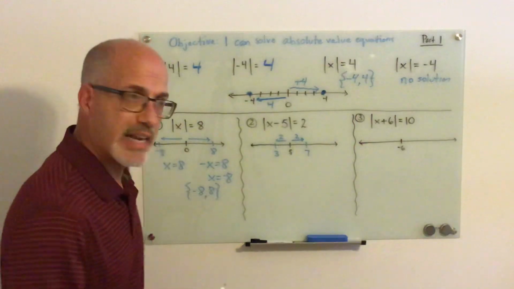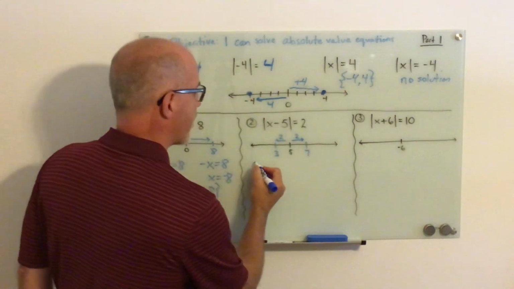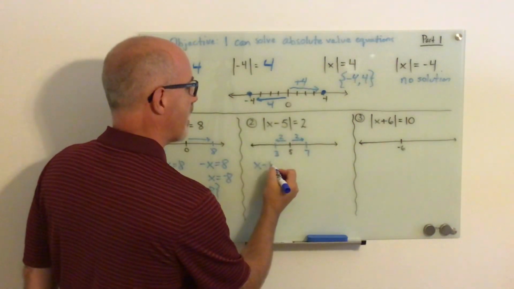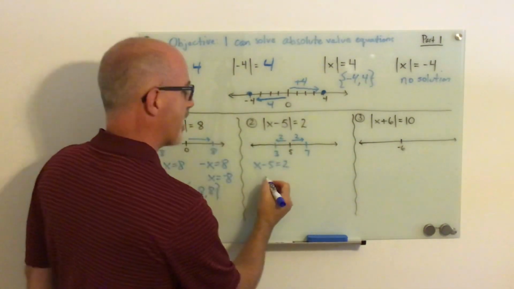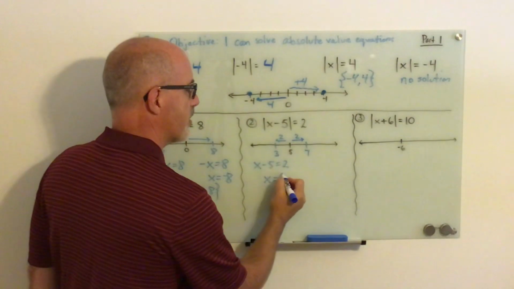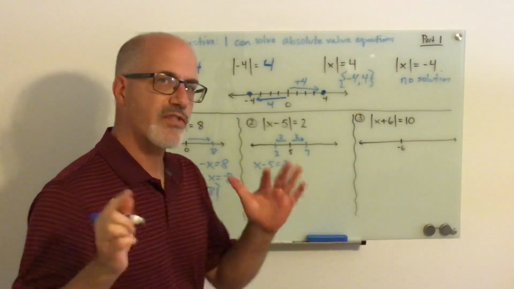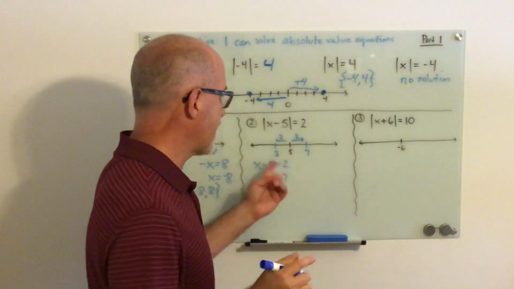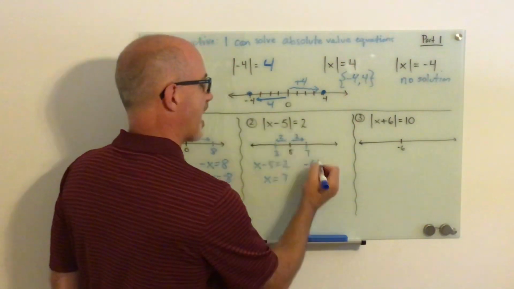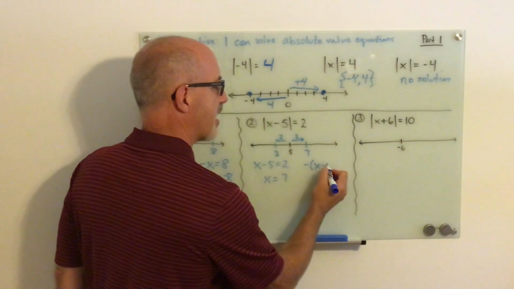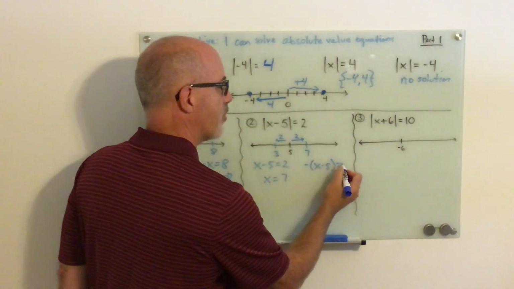Well, let's look at it algebraically. So I set up my first case where the absolute value does absolutely nothing, and so I solve that and I get x equal to 7, but you can't forget the second case. That's not the only answer. The other possibility is where I take the opposite of what's on the inside of my absolute value.